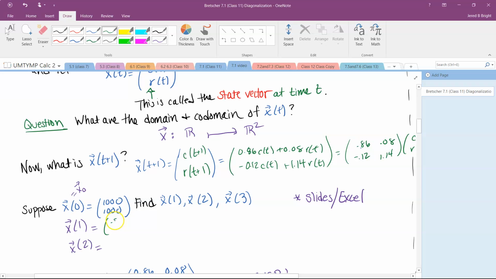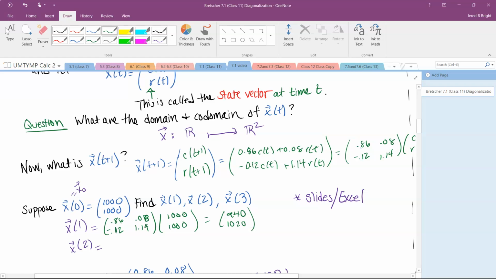I'm just going to write this first one out and then give you the answers. So 0.86, negative 0.12, and then 0.08, 1.14, and then times 1,000, 1,000. After you do the calculation, I got 940 for the coyotes and 1020 for the roadrunners.